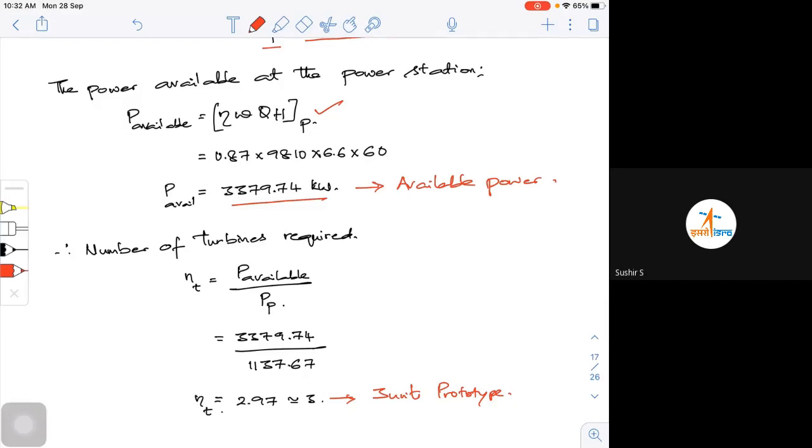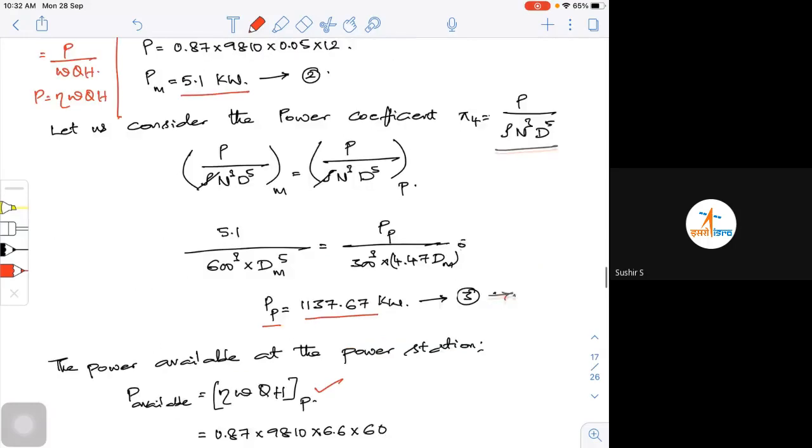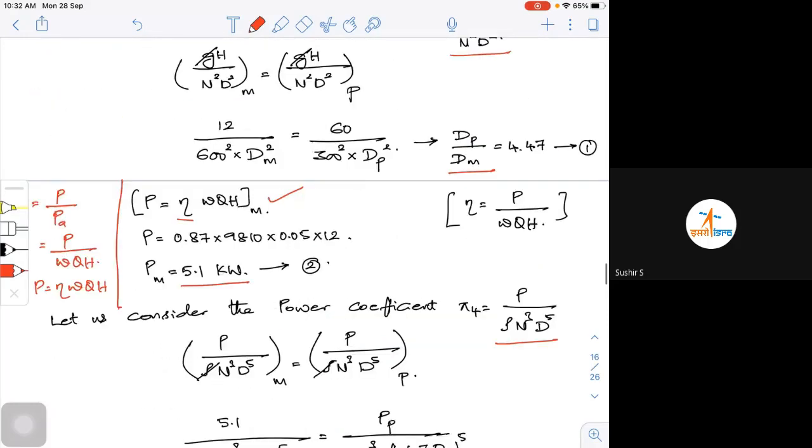So that is the thing. See, in model studies, what we try to do is take the non-dimensional numbers. If there is a turbine, I'm going to take the power coefficient and head coefficient, equate them, and analyze whatever is not known. So here we look into the ratio of the diameter. The size of the prototype is roughly 4.5 times your model.